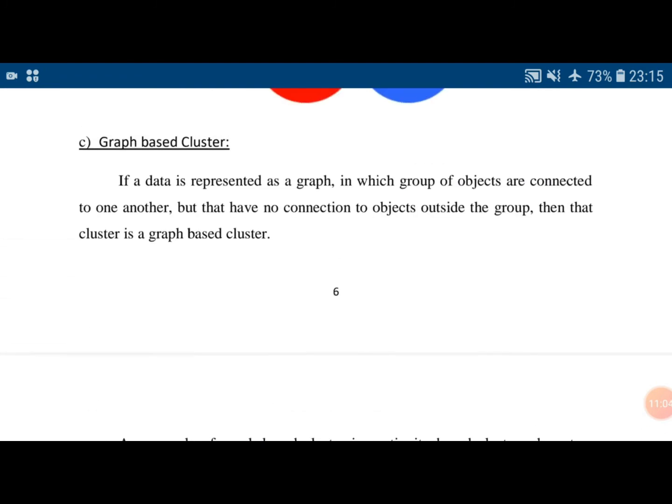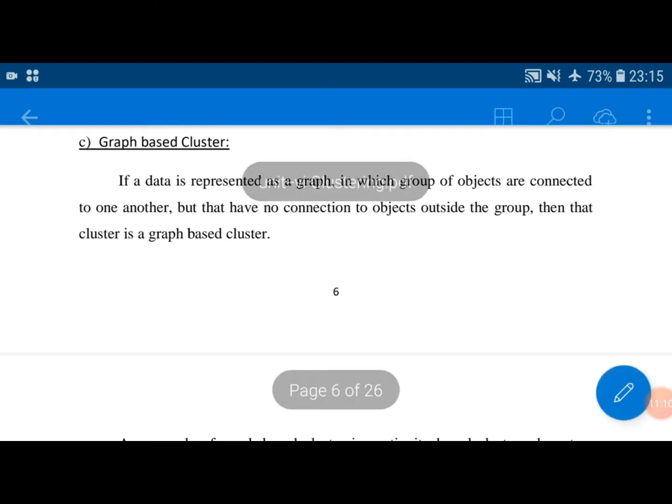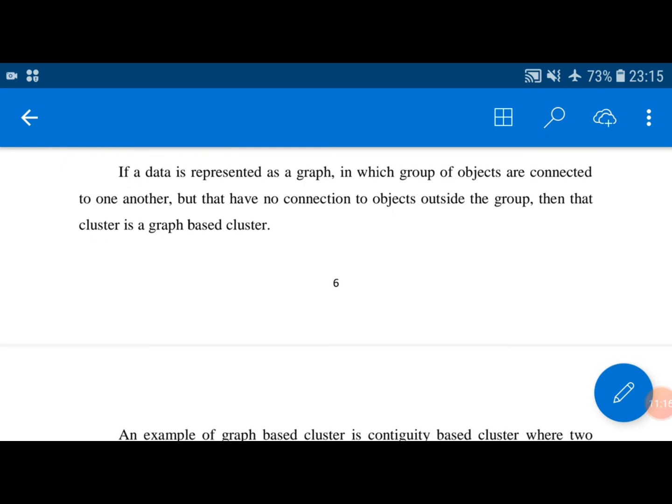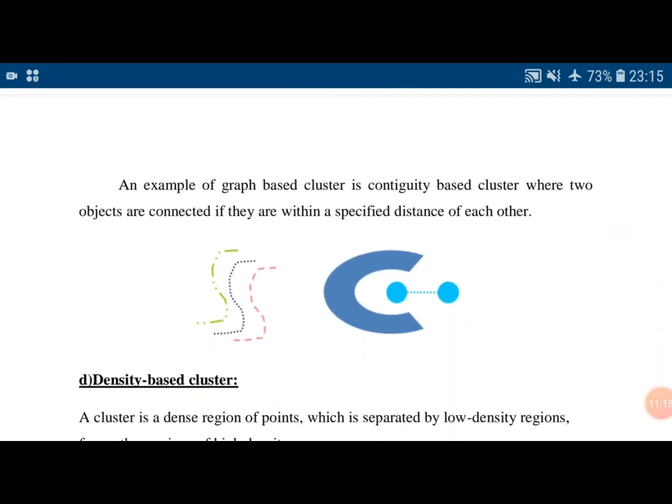If data is represented as a graph in which a group of objects are connected to one another but have no connection to objects outside the group, then that cluster is a graph-based cluster. An example of a graph-based cluster is the contiguity-based cluster, where two objects are connected if they are within a specified distance of each other.